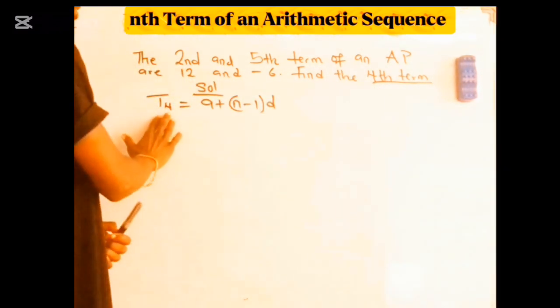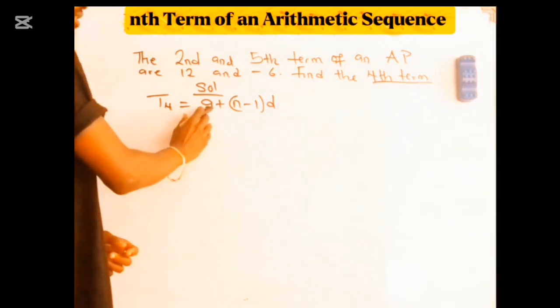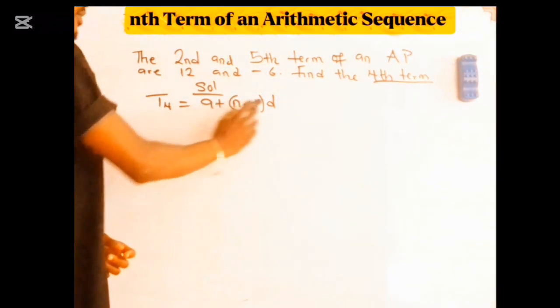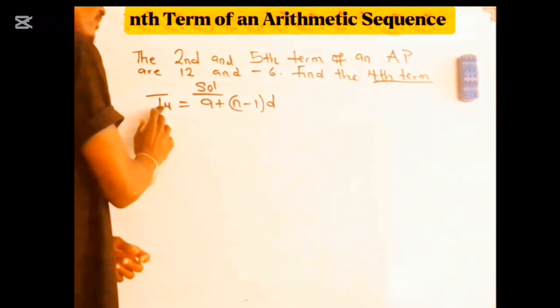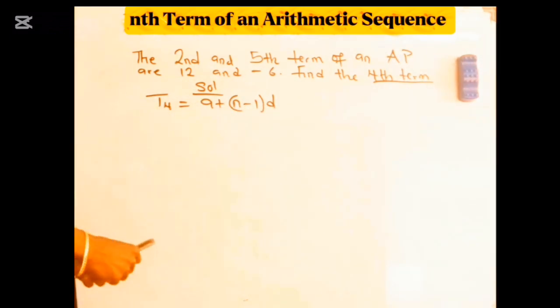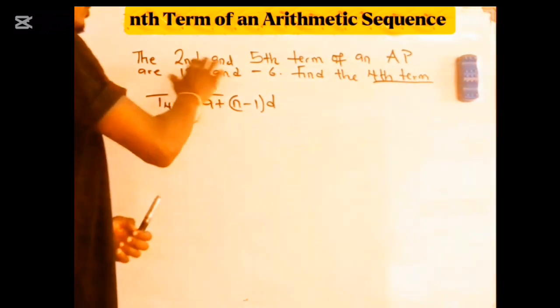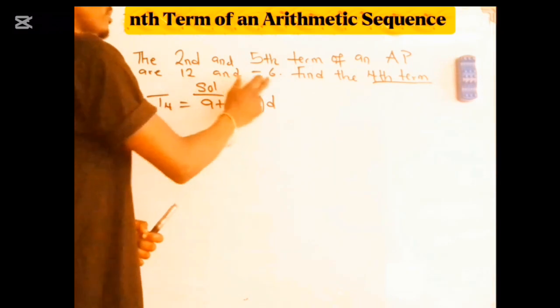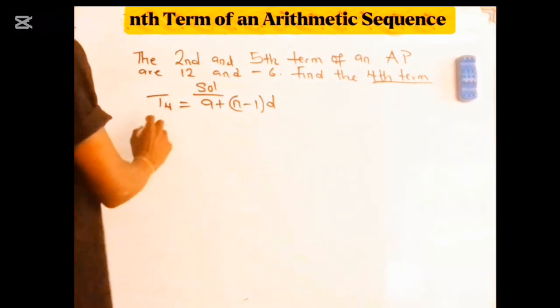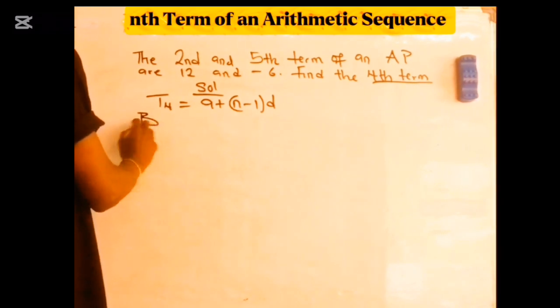And for us to get the fourth term, we need A, which is our first term. We need D, which is our common difference, before we can find the T4. So now, what we'll do is, the second and fifth terms of an AP are 12 and minus 6. So let's use the second term.